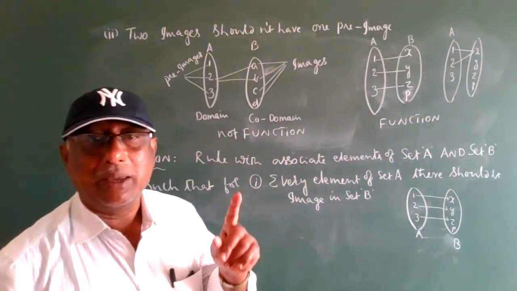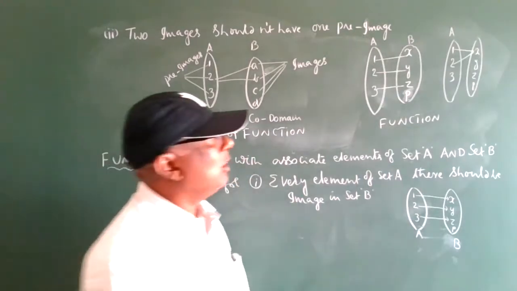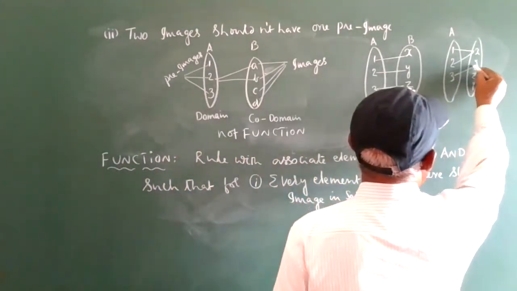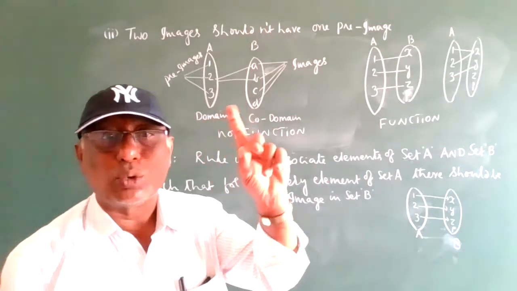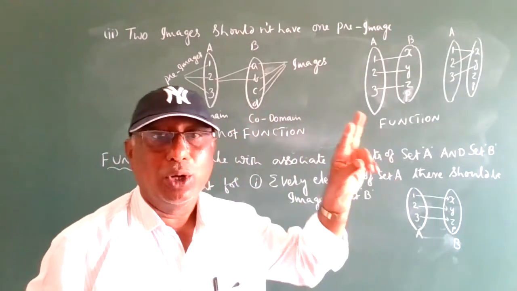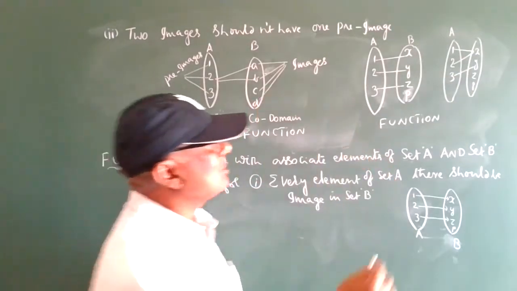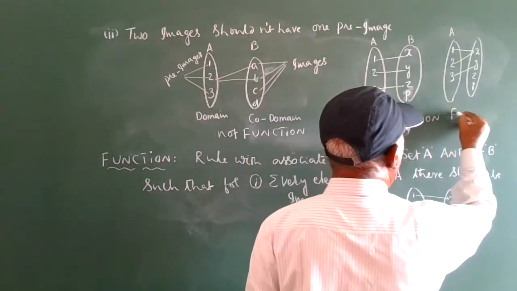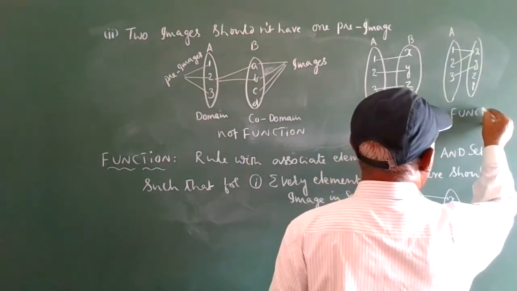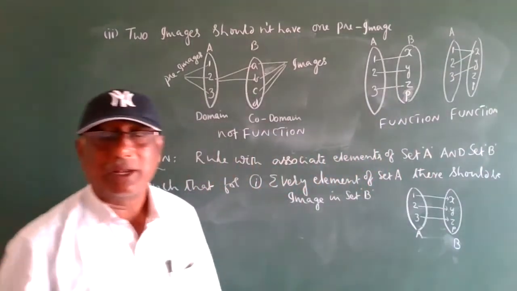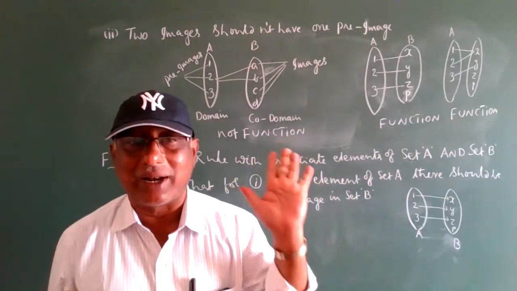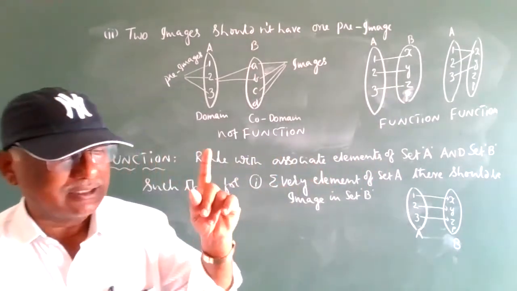Two pre-images having the same element, no objection. Every element has an image, and two images should not have one pre-image. This is also a function. Okay? You should remember these 3 examples.